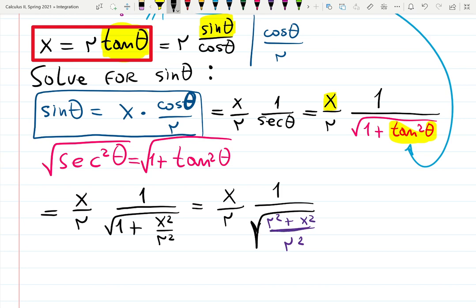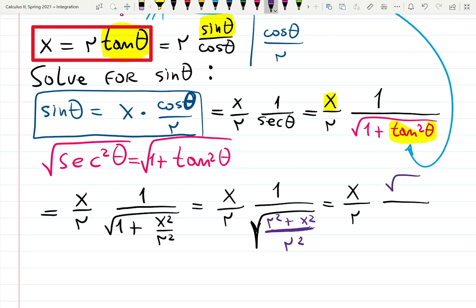But r squared can be kicked out from the square root, though we're dividing by it, as you can see. We're dividing by this fraction. That means we can multiply by the reciprocal.